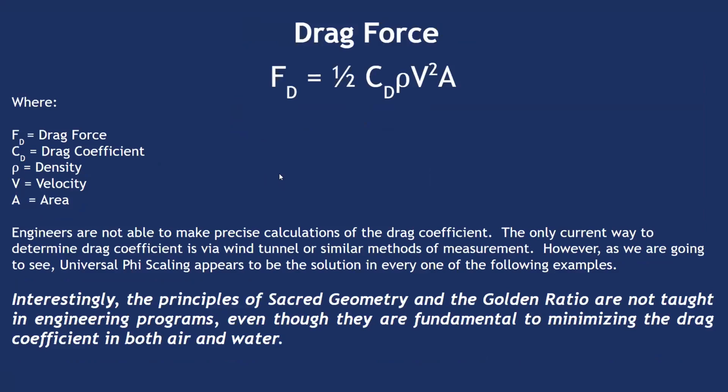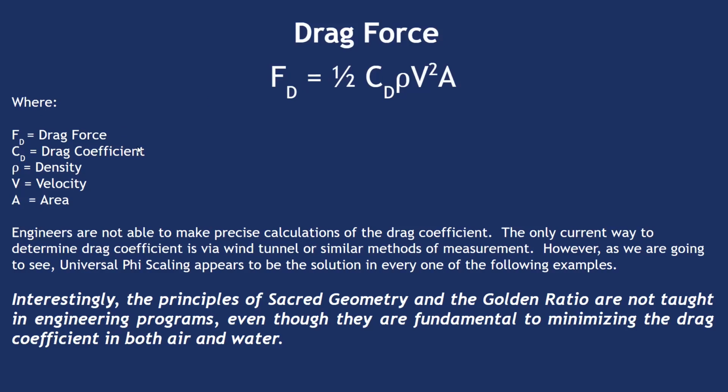So to move on to a discussion of drag force, we were discussing a minute ago that airplanes can't go as fast if they're not aerodynamic. This is a generalized formula for drag force.